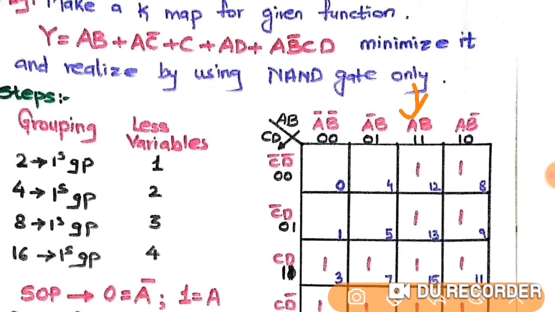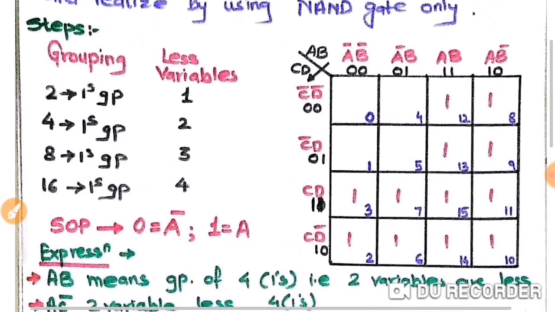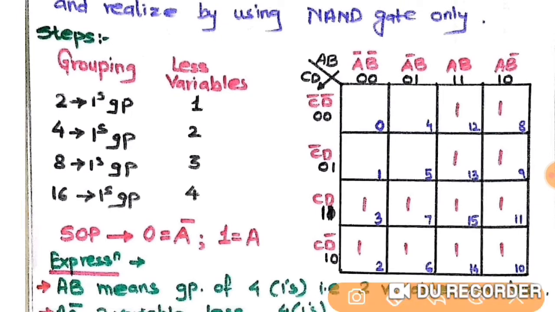We need to see that in AB nothing is given common for the LSB. That means it is a group of 4 ones, and a group of 4 ones means nothing will be common on the LSB side. So we have to fill this entire column AB as ones, 1, 1, 1 and 1. So this is our first term.